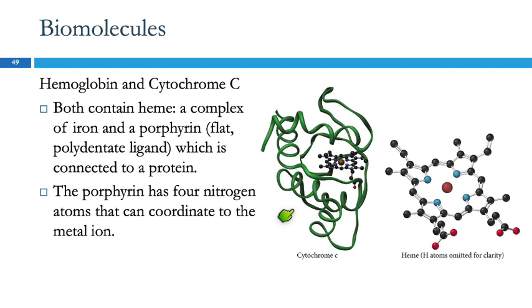So in cytochrome C, you've got this heme as part of this larger protein. So heme is what's called a porphyrin. It's a flat polydentate ligand, and then it gets connected to a protein.